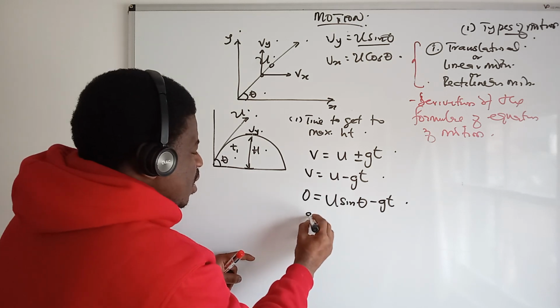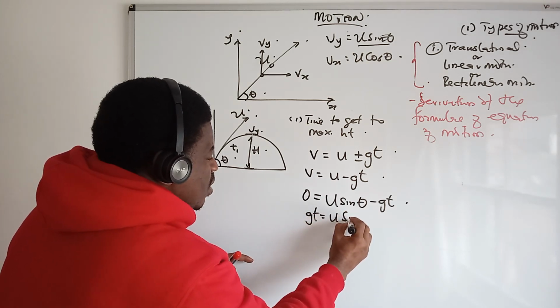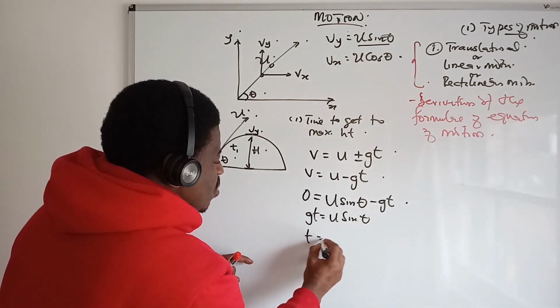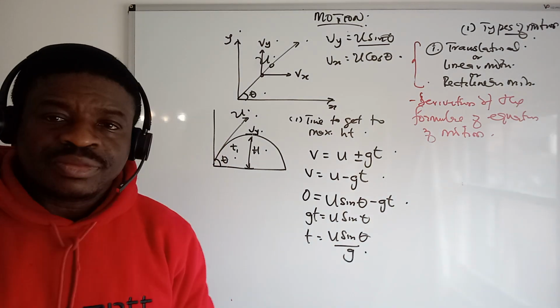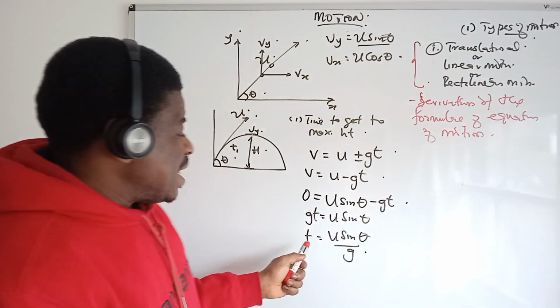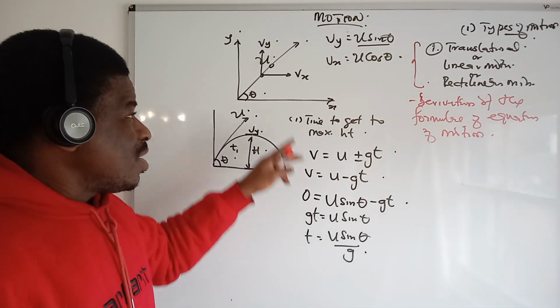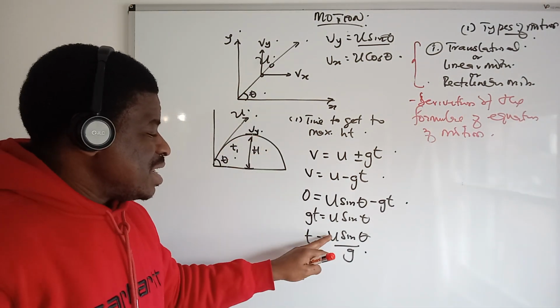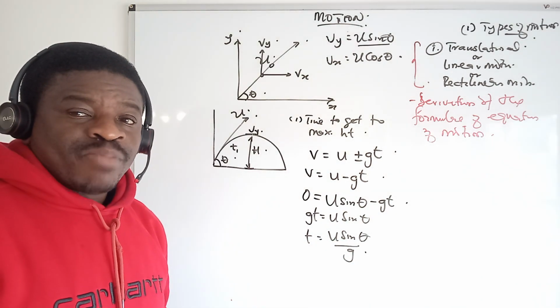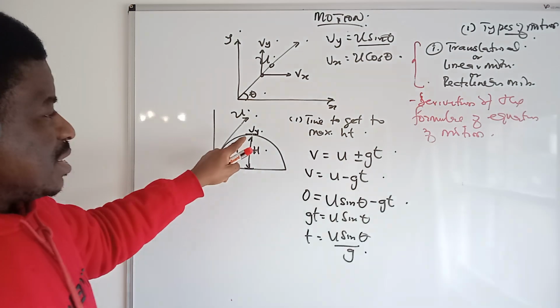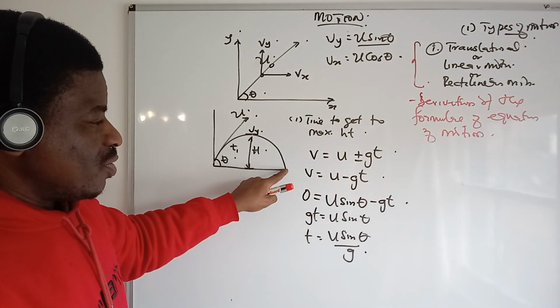If you do this, you get gt equals u sin theta, so t is u sin theta over g. So the time to get to the maximum height is u sin theta over g. And in my first derivation, what is the time from the maximum height to this place?